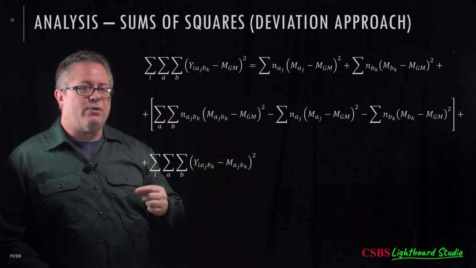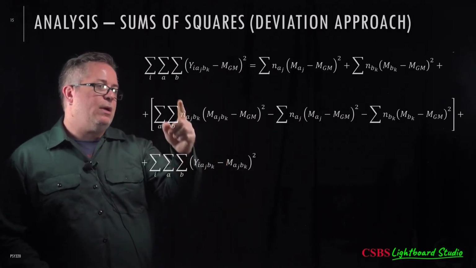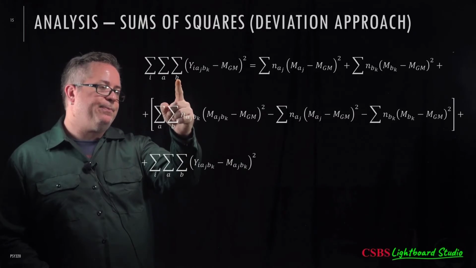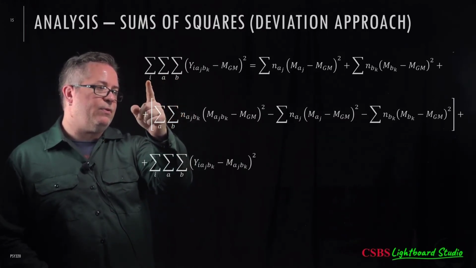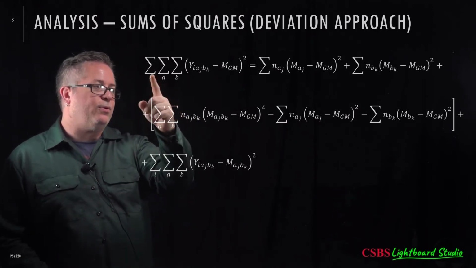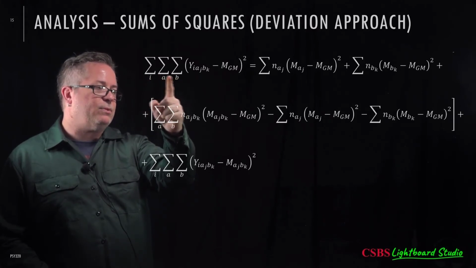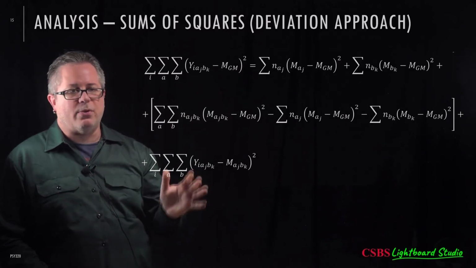Well, how do I get those 27, and how am I adding up 27 different things? Well, I'm taking my 3 levels of B, my 3 levels of A, and my 3 levels of I, my 3 individuals per cell, and I'm summing over all the individuals in all A and all B levels, which is why there are 3 sums. Okay, so I'm summing up all those things.